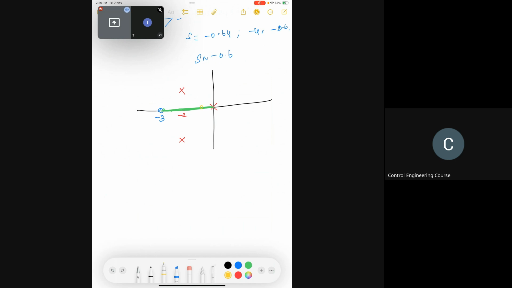Minus 0.6 somewhere here is my breakaway point. This is going to break, and here it's going to break and go to infinity via that pole.